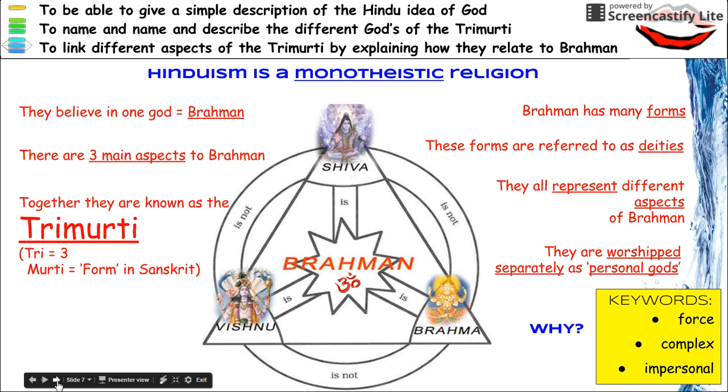And you have Brahma, the creator, Vishnu, the preserver, and Shiva, the destroyer. So these are the three forms, the Trimurti, the three most important aspects of Brahman. And they represent the cycle of life. Things are born, they live, they die, they are reborn.